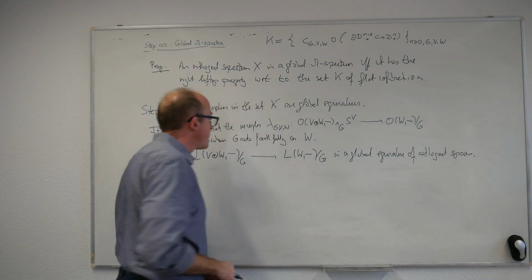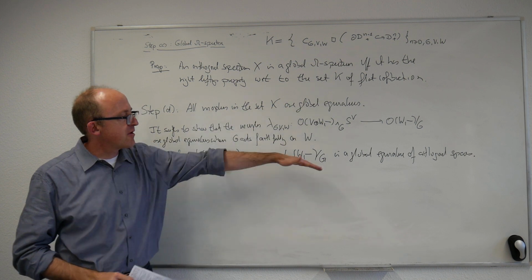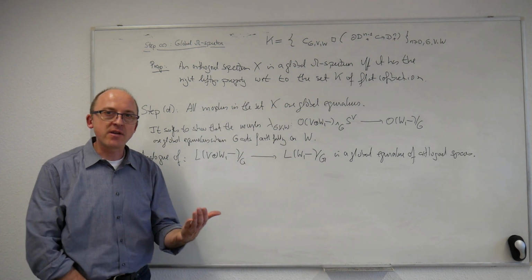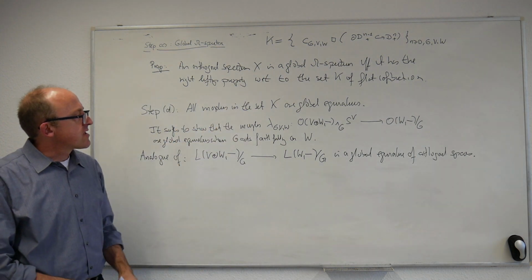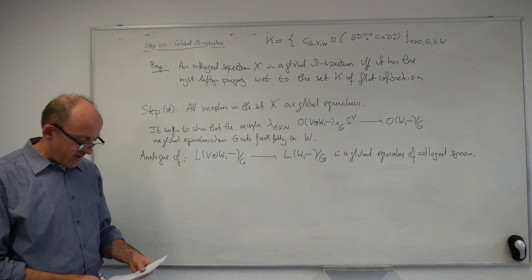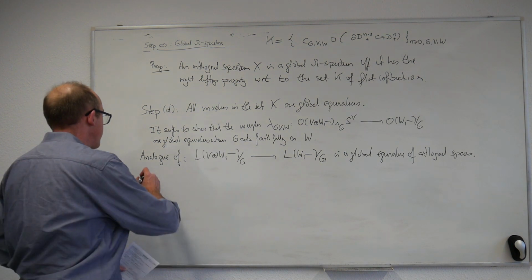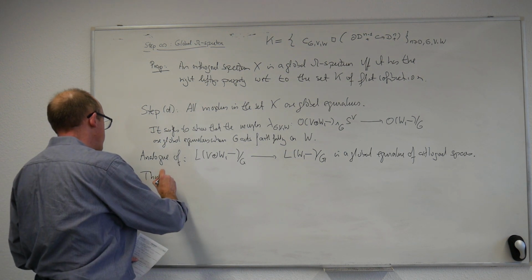So I cannot formally deduce this stable statement from this unstable statement, but I think we should think of it as a stable analog. And now this is the key mathematical step, so let's try to prove this. Let me first formulate it as a theorem.